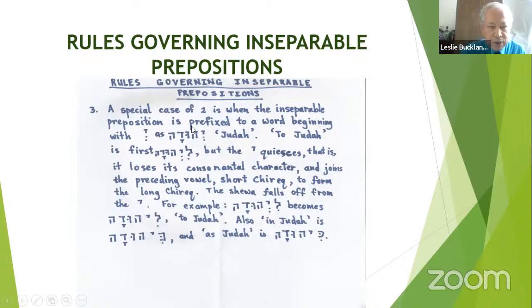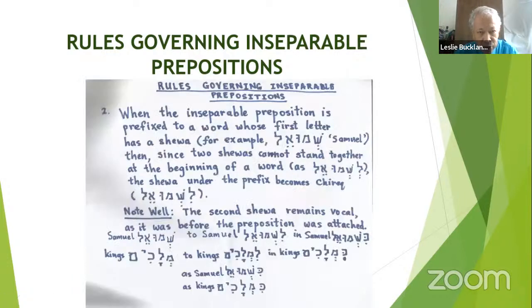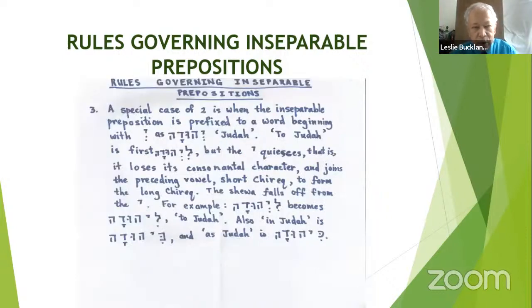So this is a special case of number 2. Remember, number 2 says that two simple schwas cannot be together side by side. So the first simple schwa, which is under the preposition, is lengthened to a short hirik. And then this rule says, if you have a quiescent letter that starts a noun, then something else happens.